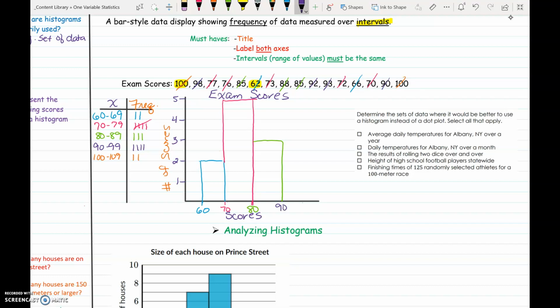And then from 90 to 99, 4 people. And then 100, 2 people.